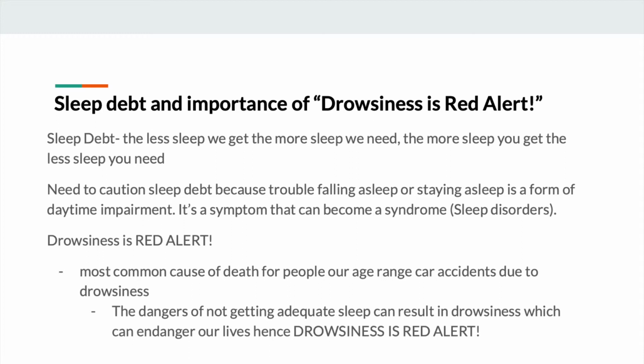And there's a need to emphasize how dangerous sleep debt can be, because not only can you potentially be in a car crash because of the drowsiness caused by sleep debt, but also sleep debt can cause symptoms such as trouble falling asleep or staying asleep that could then become syndromes, and those syndromes are most commonly known as sleep disorders. So the importance is that the more sleep you get, the less sleep that you'll need, and the less sleep that you get, the more sleep that you'll need. And so maintenance of a sleep balance is incredibly important for people.